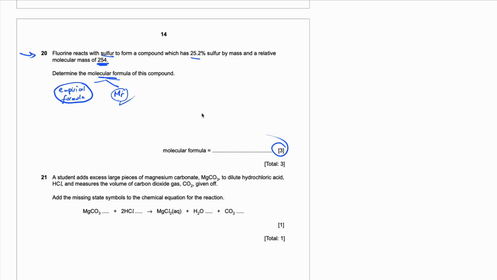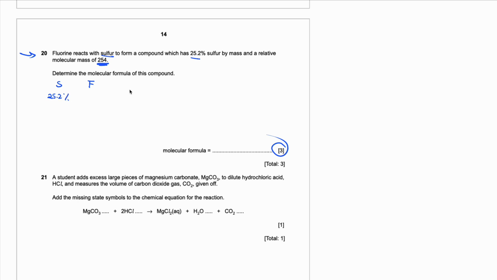So firstly, you have to figure out the empirical formula. Remember, to find the empirical formula, you have to go through the steps from percent into grams and then into moles by dividing by the relative atomic mass, and then convert these moles into simplest ratio. So let's start with sulfur here and fluorine there. Now, the percentage of sulfur is 25.2%.